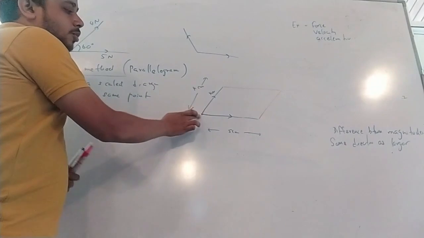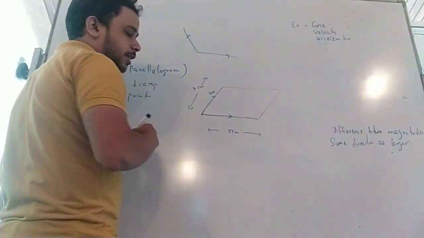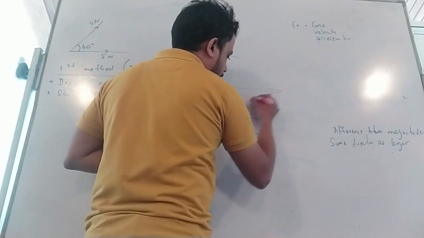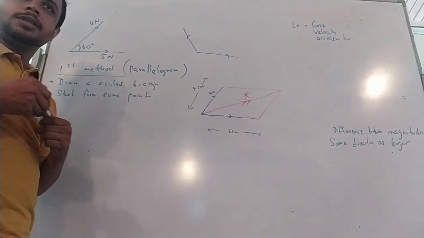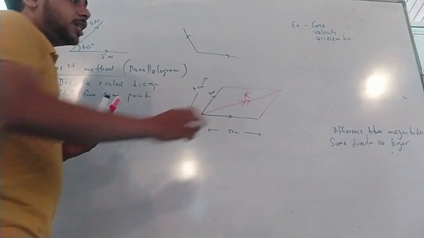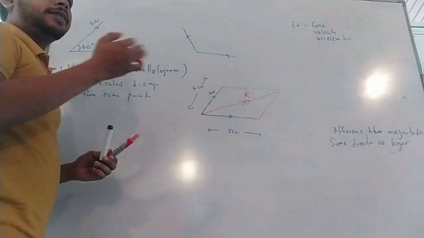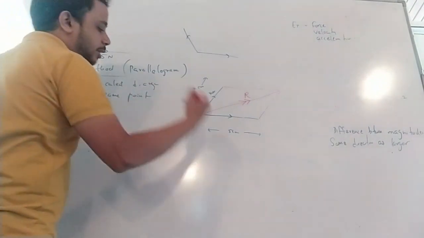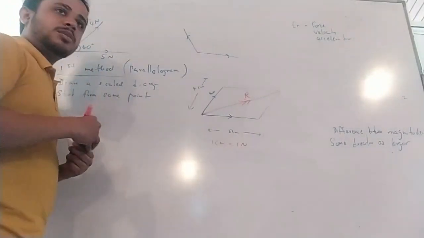Now the two vectors you started drawing from this point, the diagonal from the same point is the one representing the resultant. Since you have drawn it to a certain scale, you can measure this length. If it comes to 8 centimeters, with 1 centimeter equals 1 Newton, then 8 centimeters means 8 Newtons.